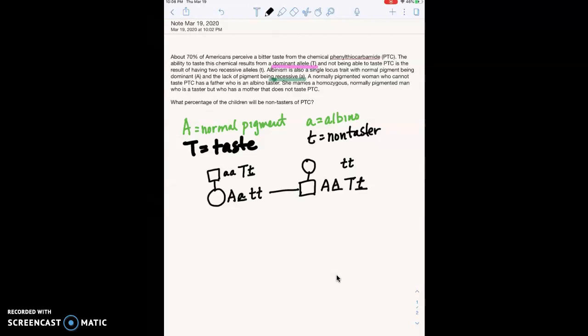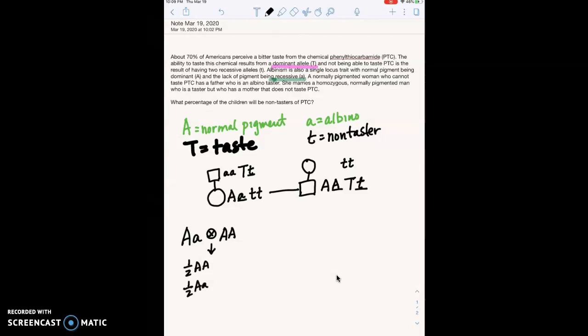And so now you need to do the cross. I tend to do them all by the probability method. So here's how I would do it. I do big A, little a from the woman, crossed with the guy who's big A, big A, and I get that 1/2 is big A, big A, and 1/2 is big A, little a.